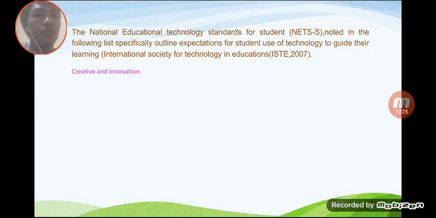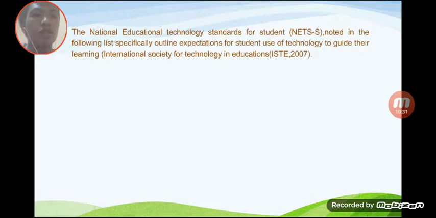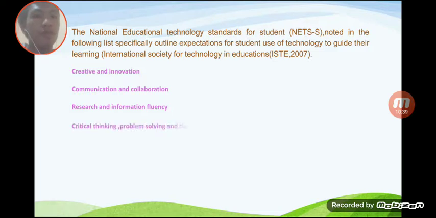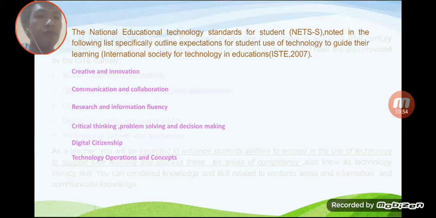So, the first is creativity and innovation. And sunod ay communication and collaboration, research and information fluency, critical thinking, problem solving and decision making, digital citizenship, and technology operations and concepts.